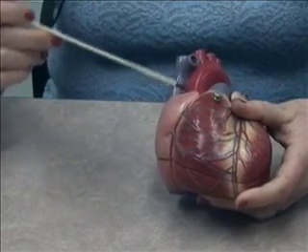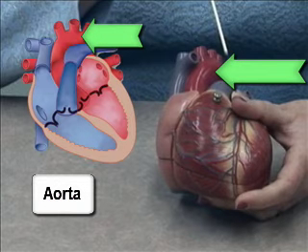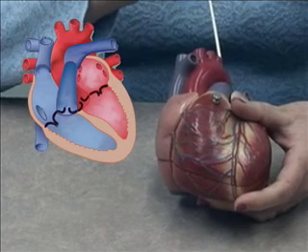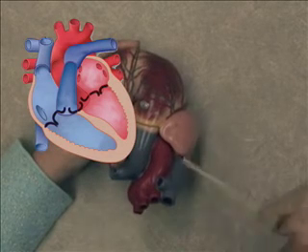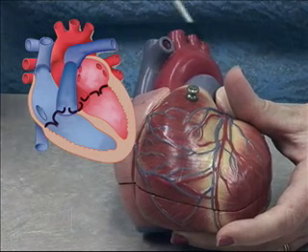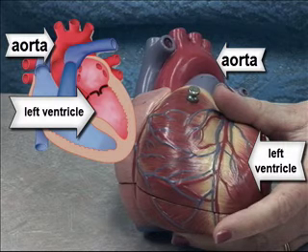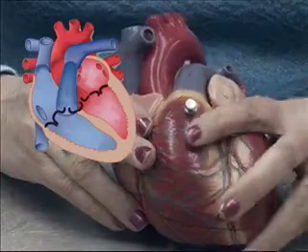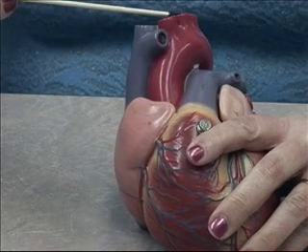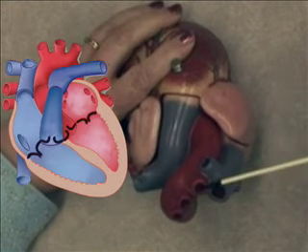In the center, there's a large red aorta. The aorta is the vessel that's carrying blood from the lower left ventricle out to the rest of the body. At the top of the aorta, there are three branches that leave the aorta and go up.